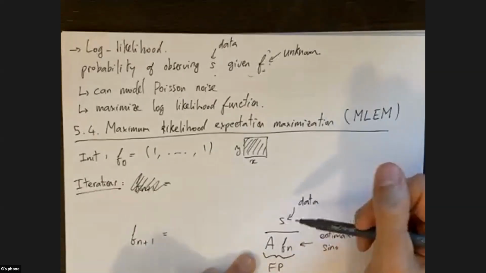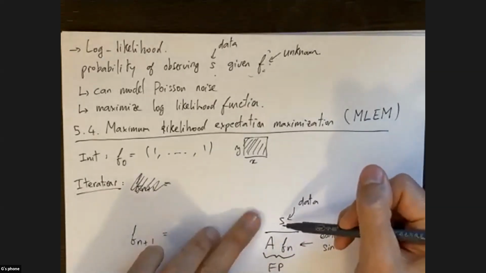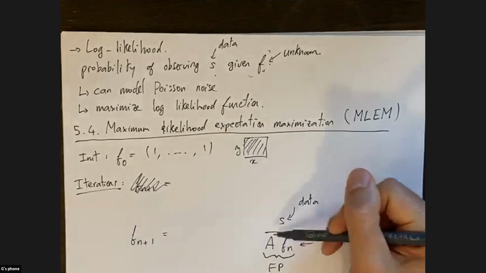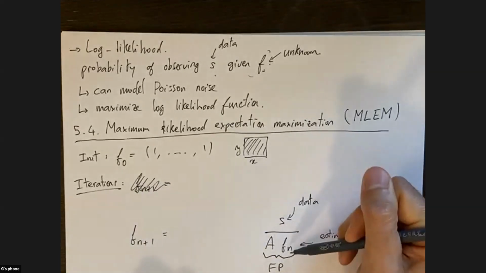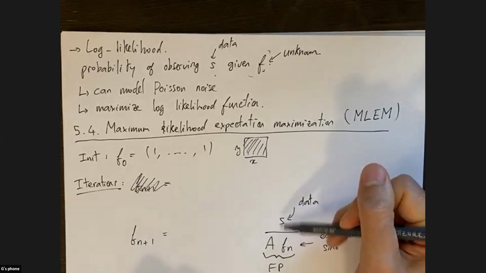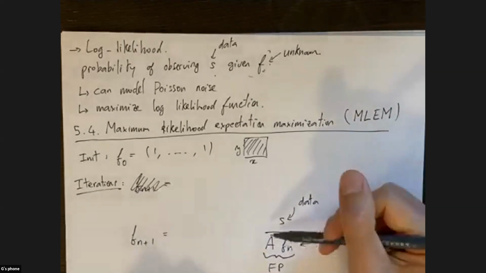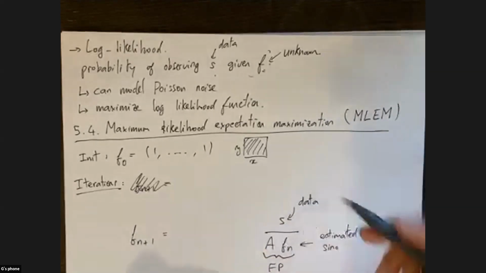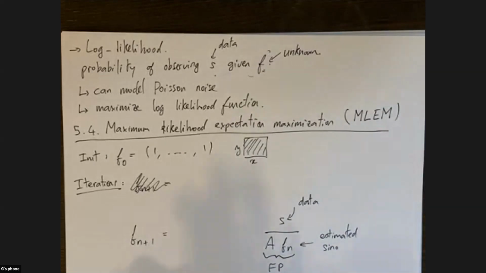And then we're taking a ratio of the measured sinogram S with the estimated sinogram. This is how we compute the error. Remember I said we were going to compute the error between the measured sinogram and the estimated sinogram. It's done by taking a ratio. It's not taking a difference, it's taking a ratio. And so why is that?